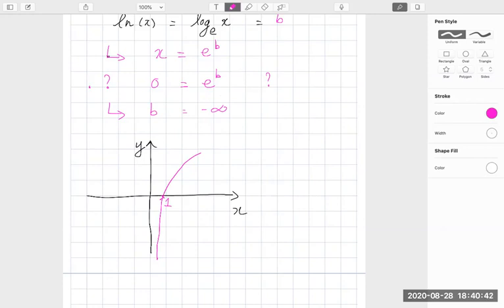So we see that the y-axis, or x is equal to 0, is a vertical asymptote of our problem. Okay? If you don't remember the natural log function, try to review it yourself.